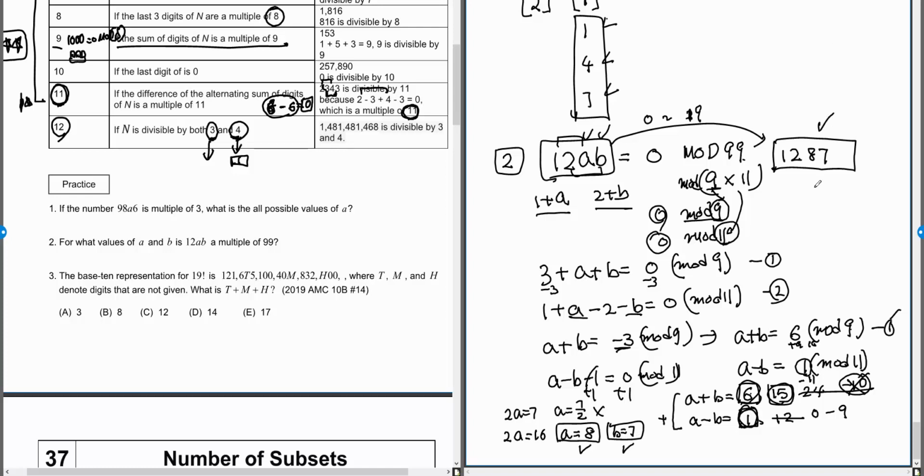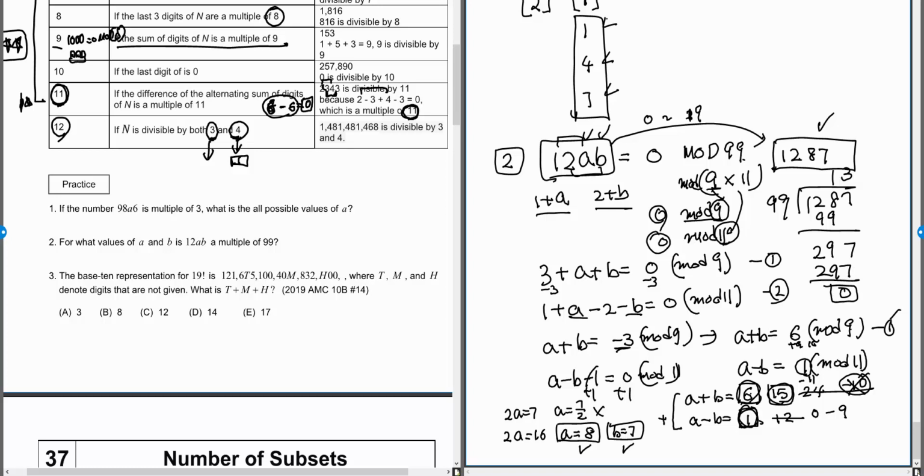It is okay? Alright, that should be divisible by 99. Check it out. 99, 7, 9, 297, and divided by 3 one more time, 297. That is equal to 0. That's fine.